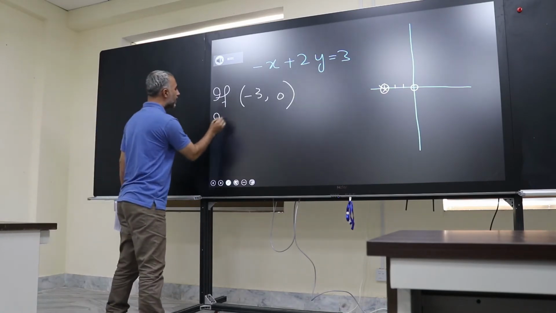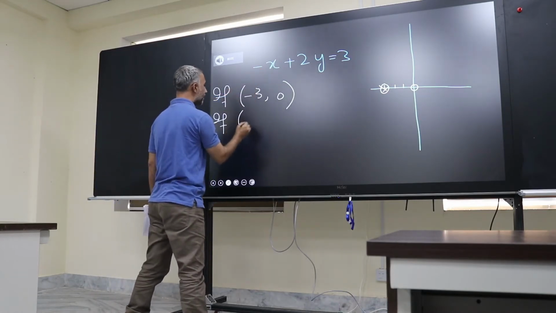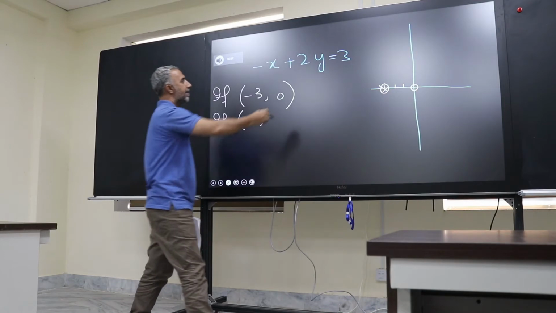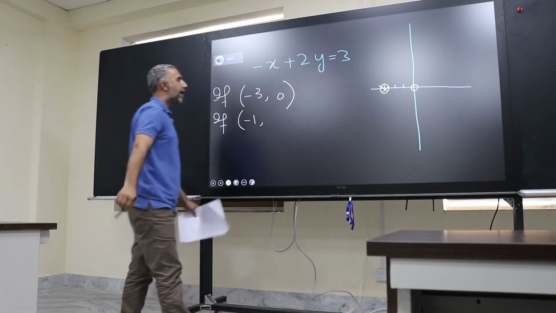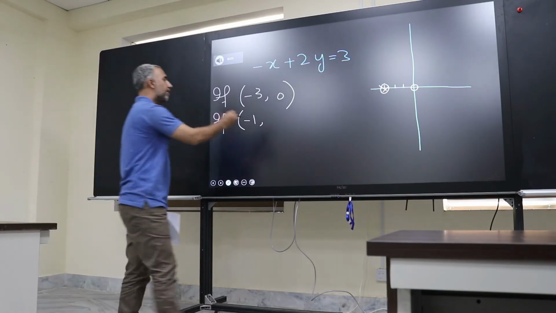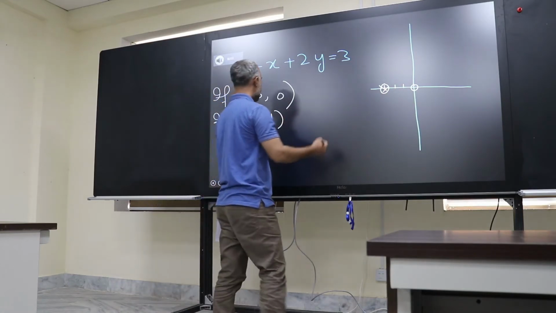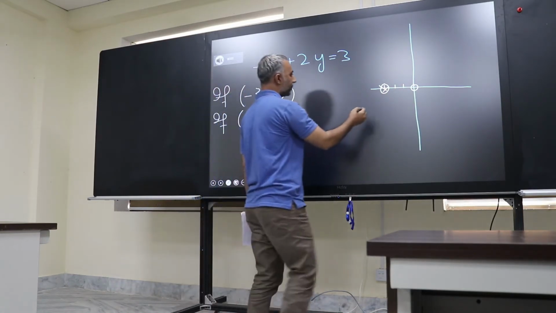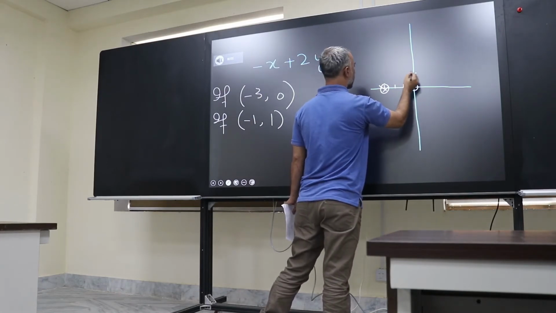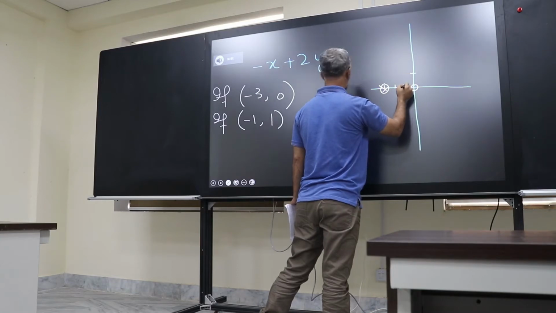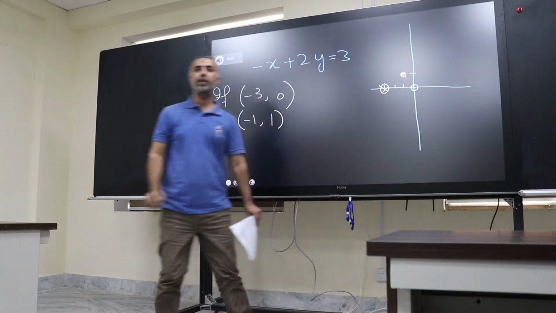Similarly, if we proceed a little further, say x equal to minus 1, and y equal to 1, then the answer should be 3, since minus 1 minus 2 times 1 gives that point. Is it okay?